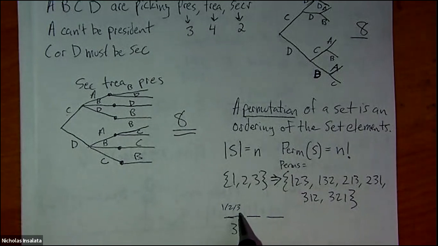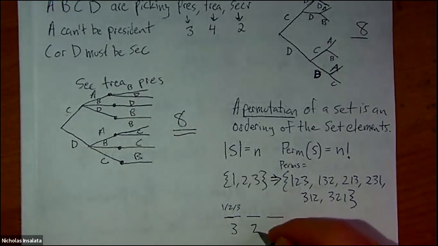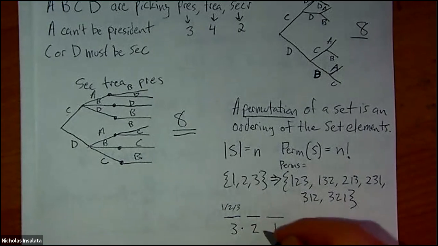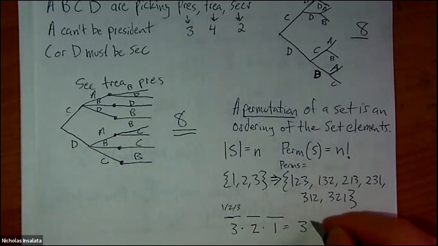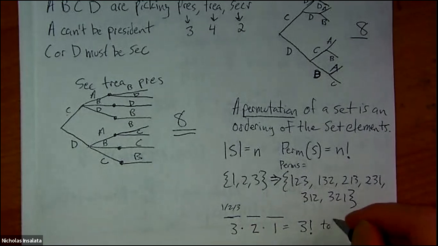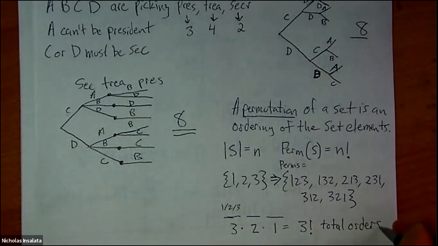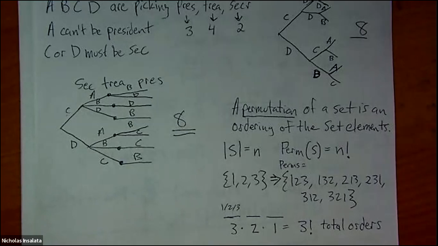But once one of these numbers has been chosen to live in the first slot, there are only two options left for the second slot and only one option left for the third slot. So we have 3 times 2 times 1 equals 3 factorial total orderings. Yeah? Questions?